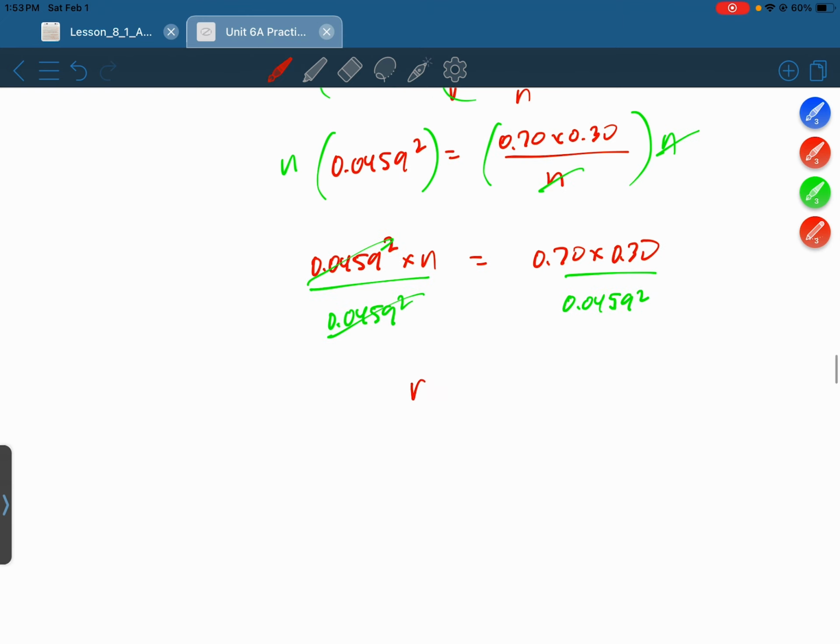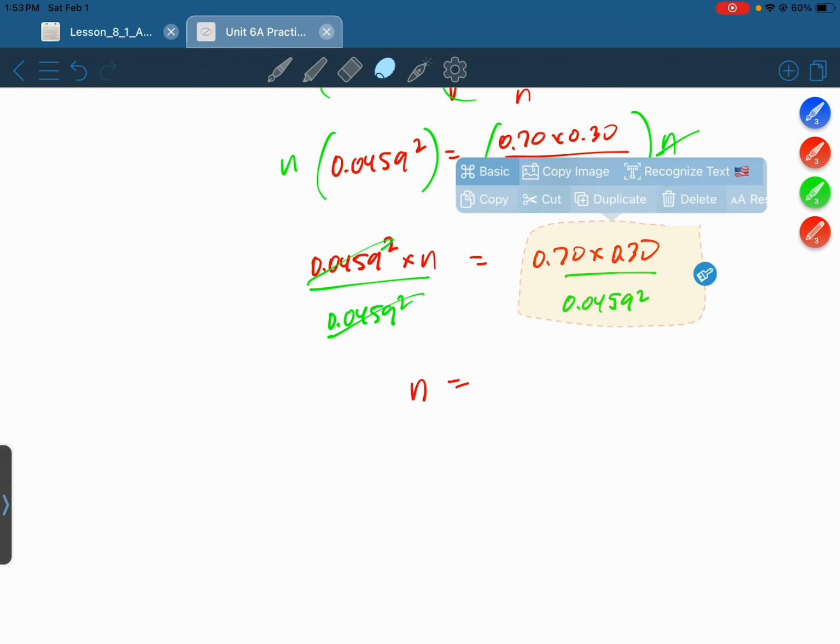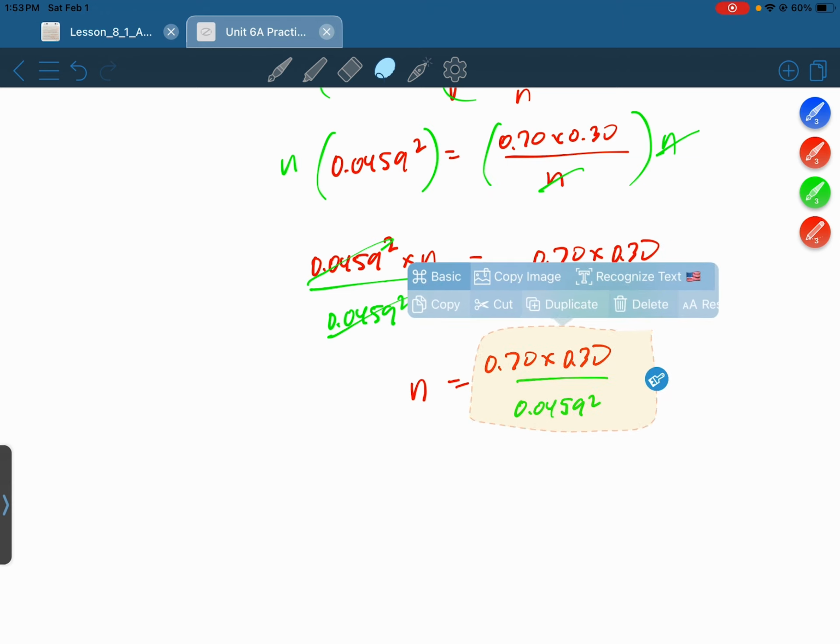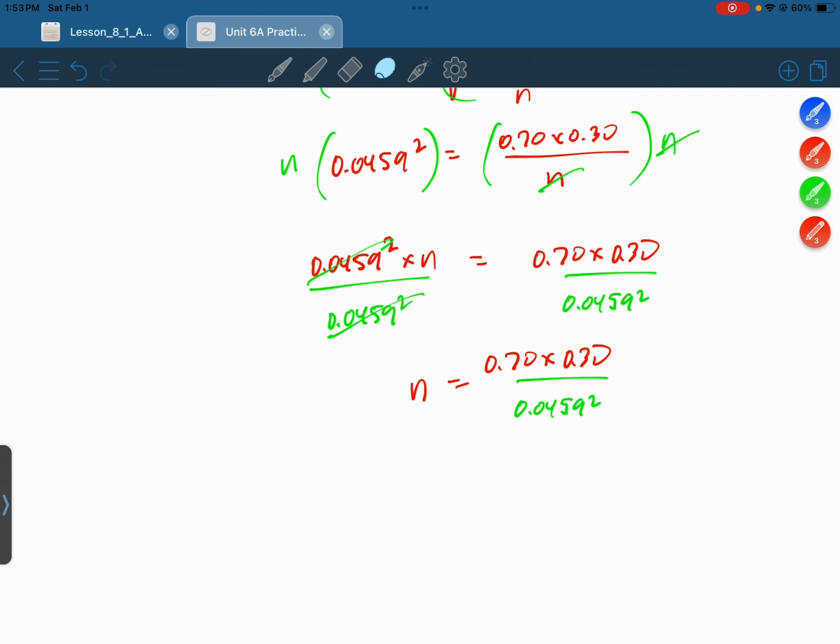So n is going to equal this expression. All right, so I'm on my calculator here. 0.7 times 0.3 divided by 0.0459 squared. Okay, and I get a value of 99.67.